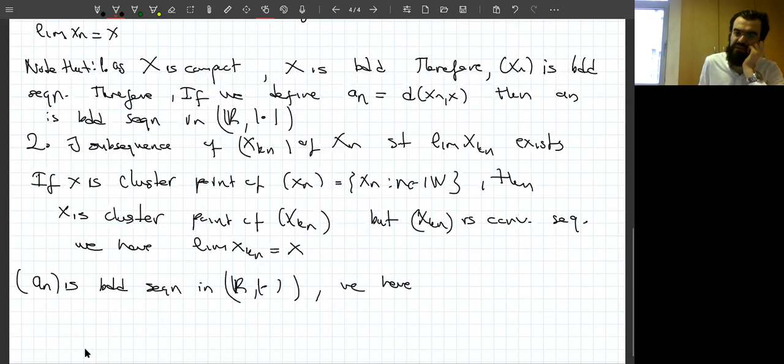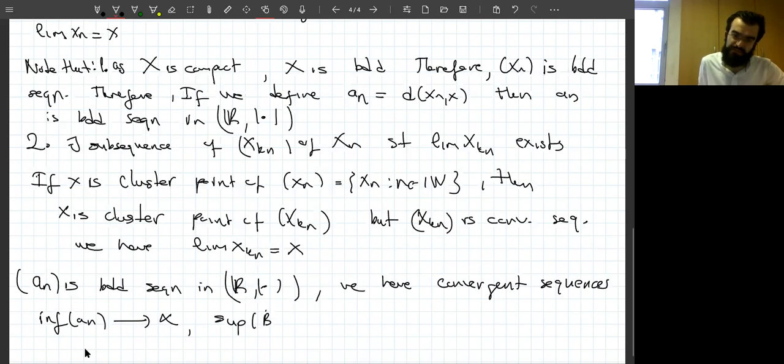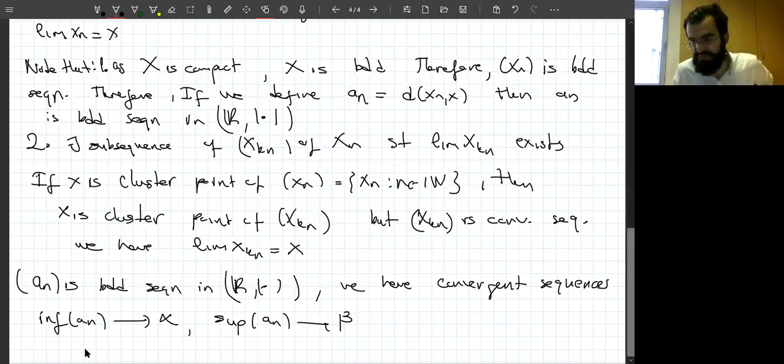We have convergent sequences, inf a_n, which converges to, let's say, alpha, and sup a_n converges to beta. If a_n is a bounded sequence, then the sequences of inf and sup are convergent from chapter 1.